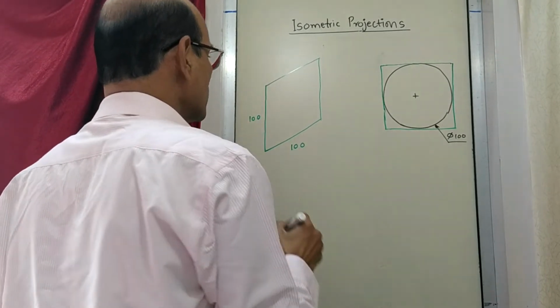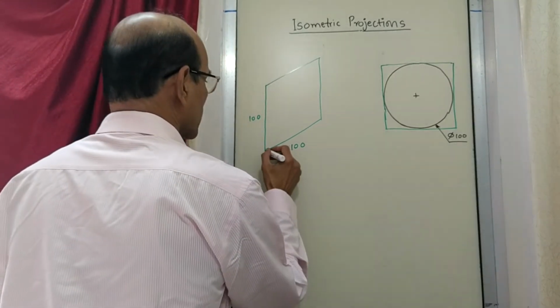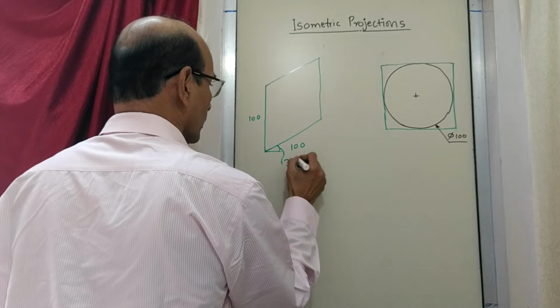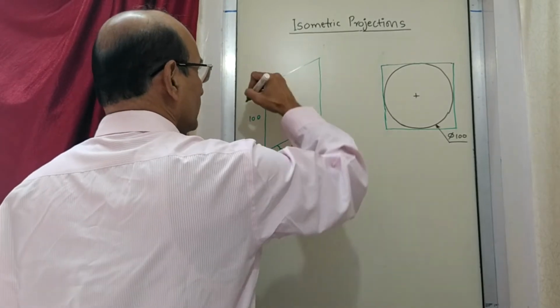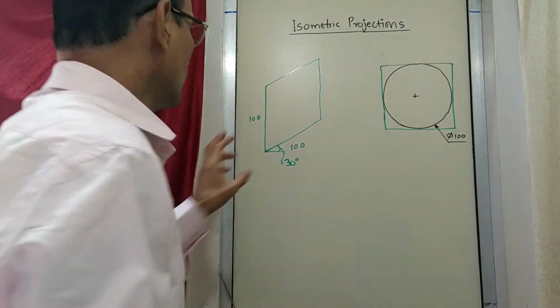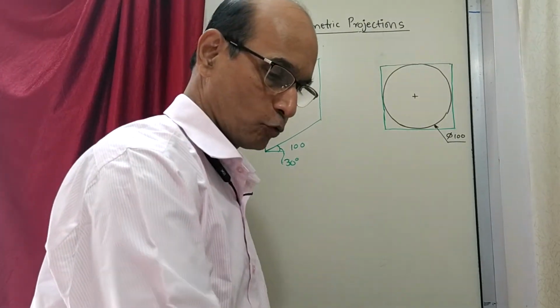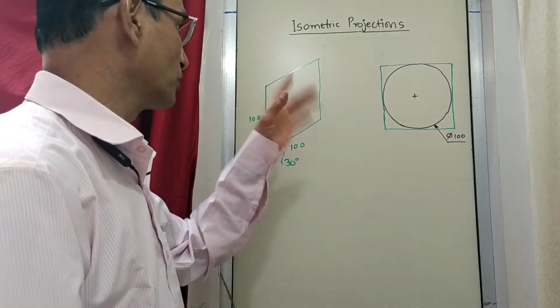The only thing is, while drawing, we draw it in such a way that this is 30 degrees, the vertical line, 30 degree line, 30 degree line, and then we have created the necessary dimensions and drawn the square of size 100 in isometric.